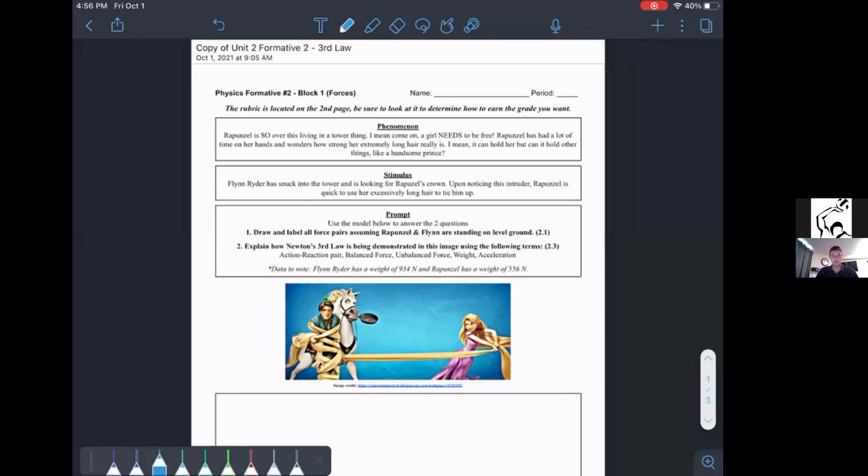All right, ladies and gentlemen, so this is our formative 2, which was our formative on Newton's third law.